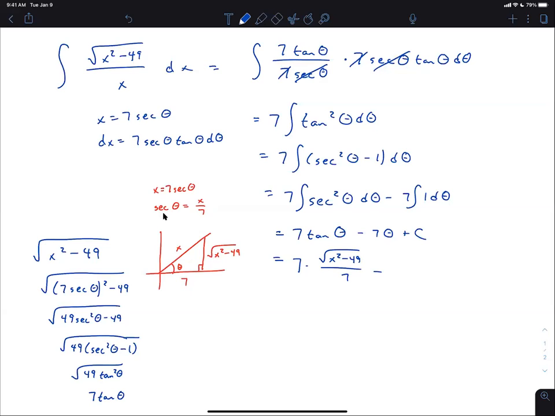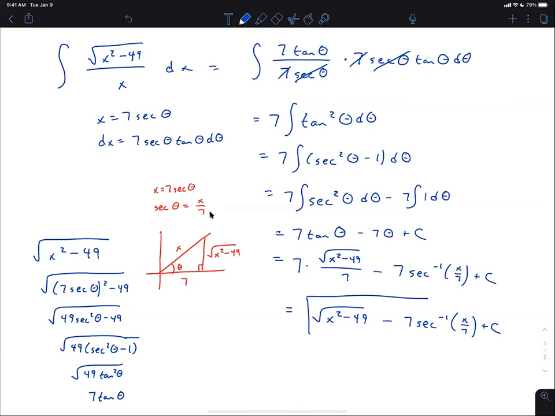So if secant of theta is x over 7, we write theta as the inverse secant of x over 7. And then there's not much we can do with this except we can cancel those 7s on that first fraction. And so we get the square root of x squared minus 49 minus 7 inverse secant of x over 7 plus c, and then that's the answer.